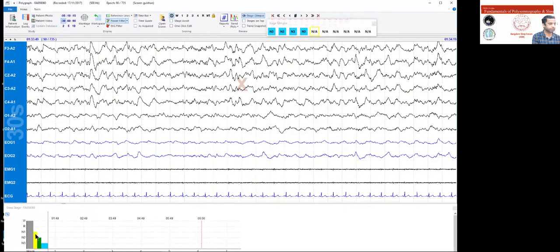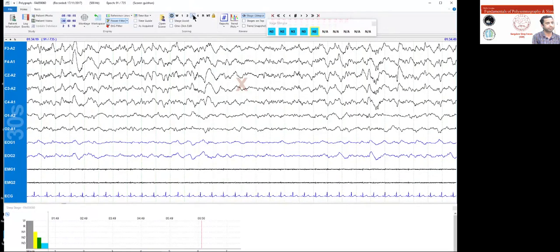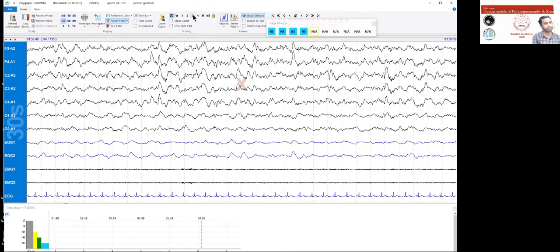So this is a beautiful hypnogram you can see now. This is again 3, 3, 3, 3, 3.